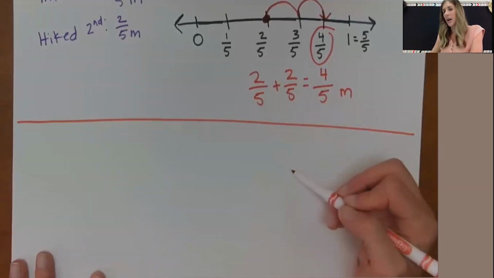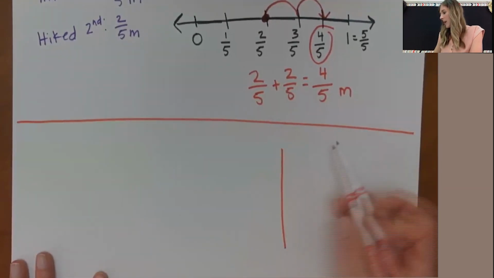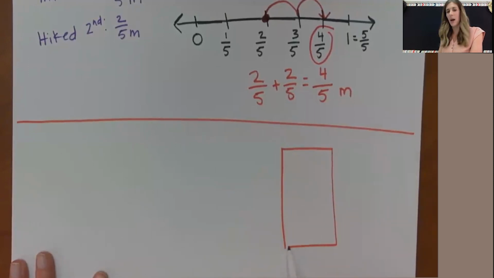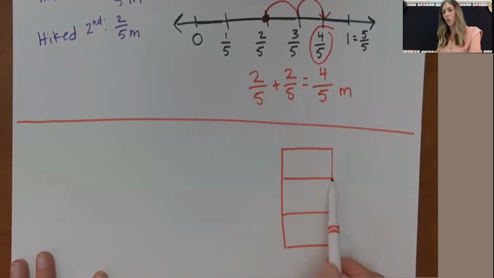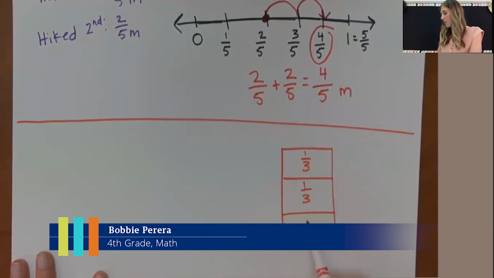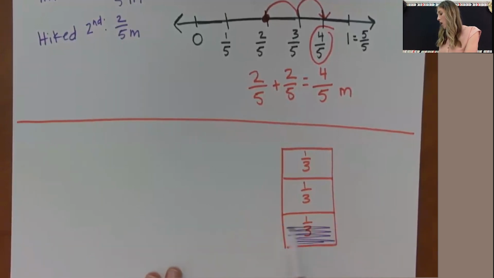So this time I kind of like the idea of drawing that model, her smoothie cup. And we know she was thinking about it in terms of 3 equal pieces, each section representing a third. And we know that her fruit smoothie was full, all 3/3.